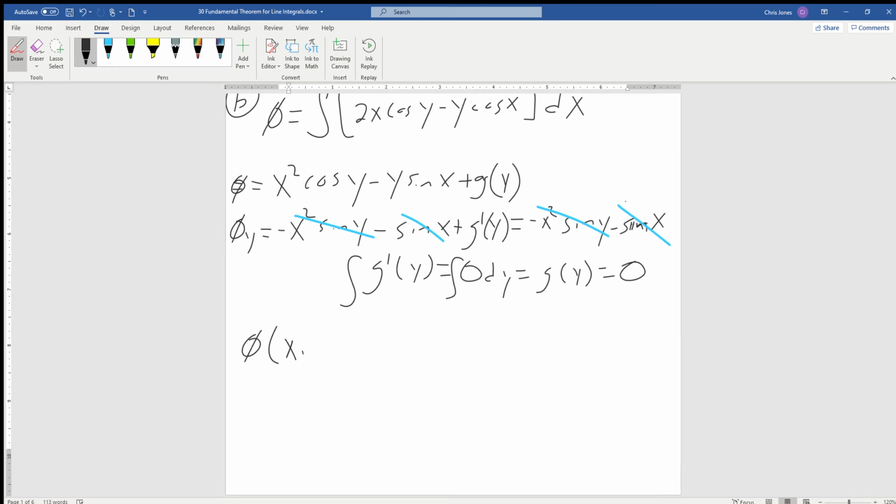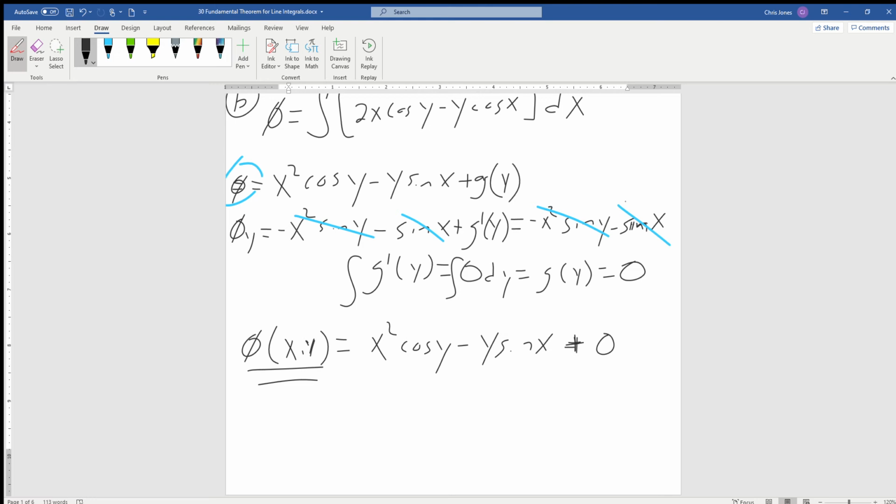So here's our potential function. Phi of x, y is going to be equal to, now remember, this is phi all the way back up here. So phi is going to be equal to x squared cos y minus y sine x. Now technically it's a constant, but let's just call it plus 0 or plus a constant c. Remember, phi of x, y is a constant itself. It's unknown, contingent upon the values of x and y.